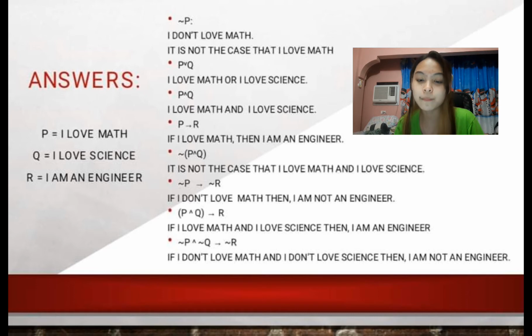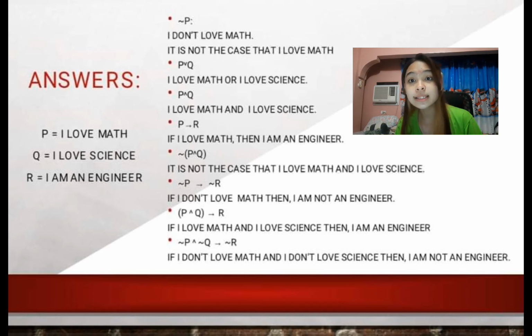The last example of the symbol is if not P and not Q then not R. First you'll substitute not P, not Q, not R, so you will negate all the propositions given.